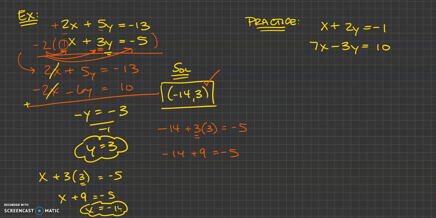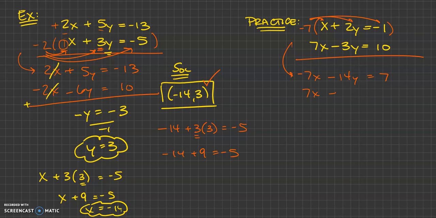All right, guys, well, hopefully you have solved the practice problem. I noticed that the bottom one is the easiest one to manipulate, so I want to multiply it by a -7. I'm going to distribute that -7 throughout. It's going to give me a -7x minus 14y is equal to a +7.